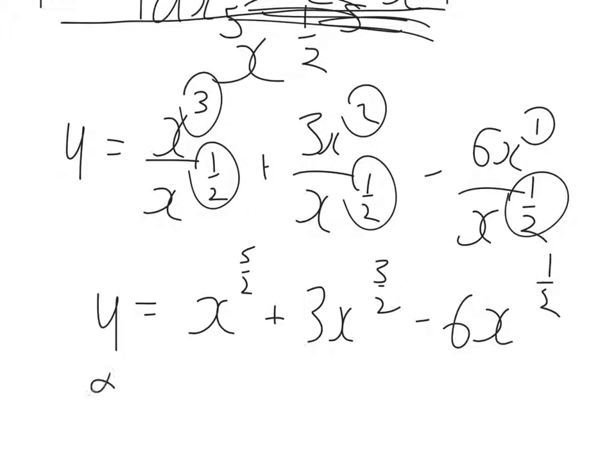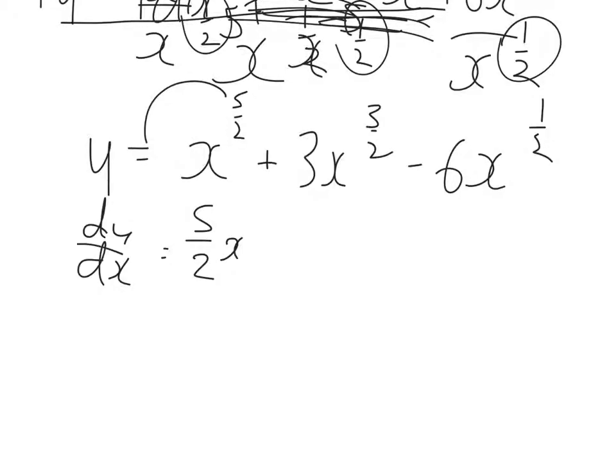I'm now in a position to differentiate, so bring the power down, multiply, take 1 away from the power. That'll be 5 halves x to the, well, that would be 3 over 2. And then 3 times 3 halves will be 9 halves to the power 1 over 2.